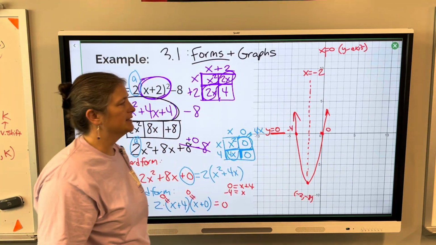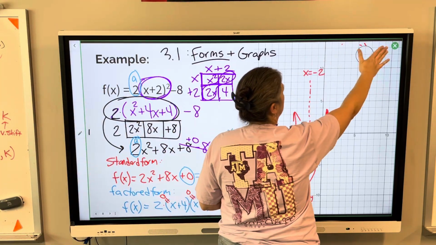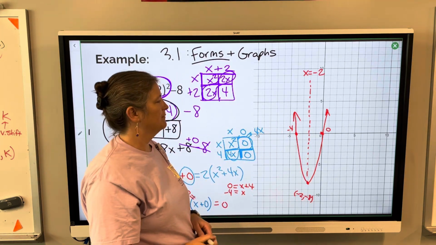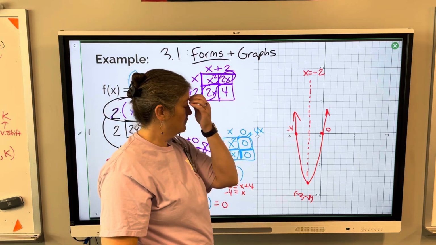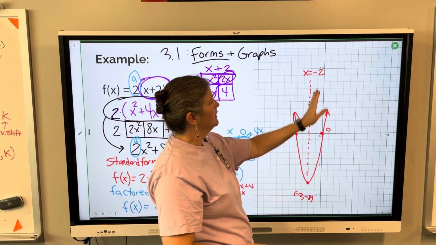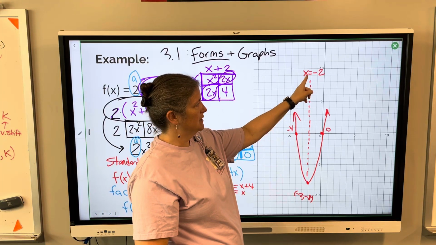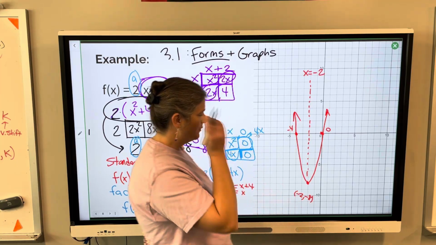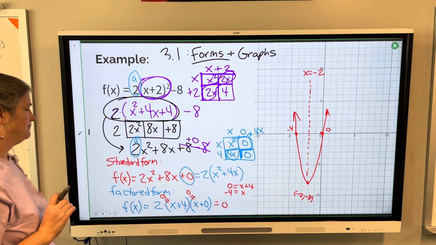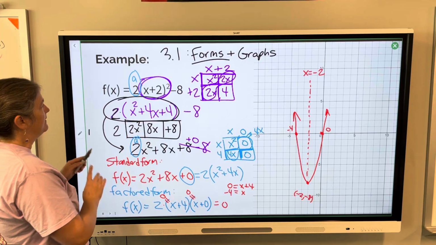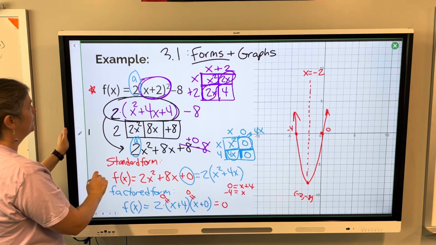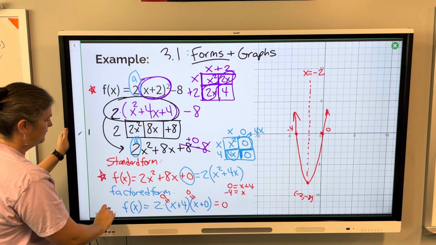So these are the kinds of things I'm looking for. I don't need these things because they were just informative stuff, but I want to clearly understand what my x-intercepts are, what my axis of symmetry is, label that line with its equation, and what my vertex's point is. And then I'm looking for my vertex form, my standard form, and my factored form.